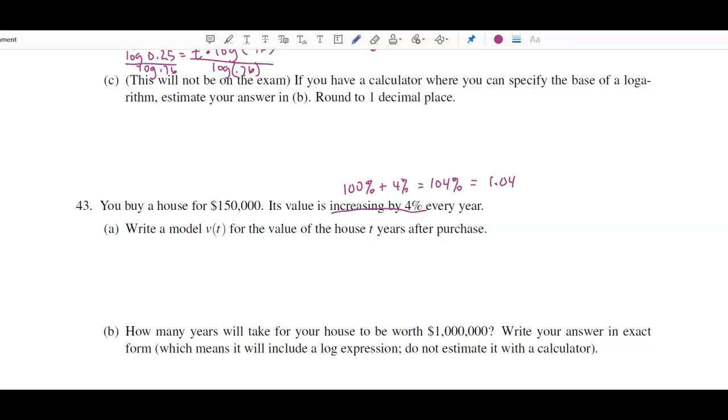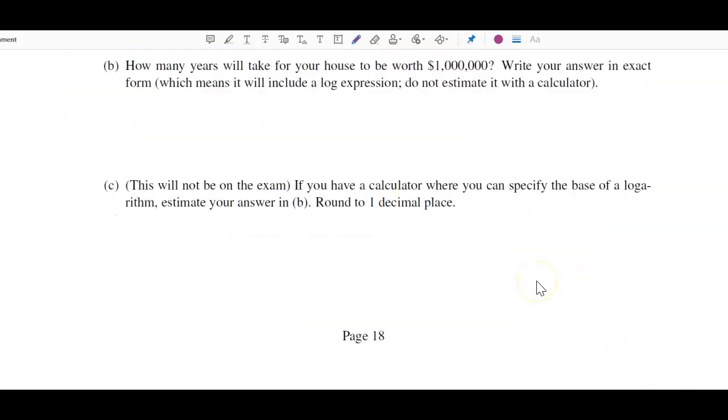So when you write it out, here's your start amount, and then this is your percent change. But I would say work through number 43 also on your own. Make sure that you know how to do those types as well when it's increasing.